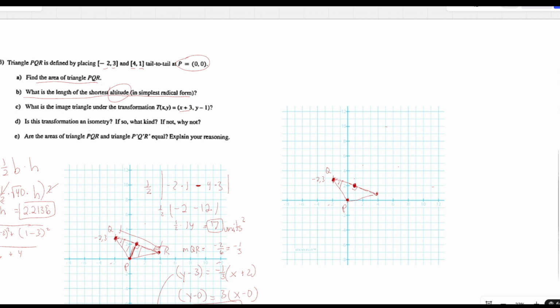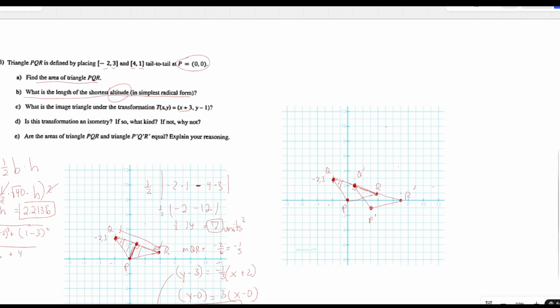So it's going to be, I guess, Q prime for me. And then for point R, which is at 4, 1, I'm also just going to add 3 to the x coordinate and then move it down 1. So that's going to be my R prime. And last one, 3 over, down 1, P prime. So I've got this new triangle. It did not change shape or size.